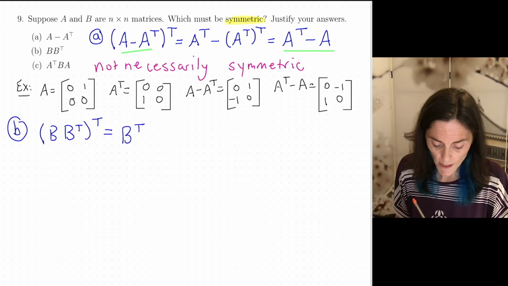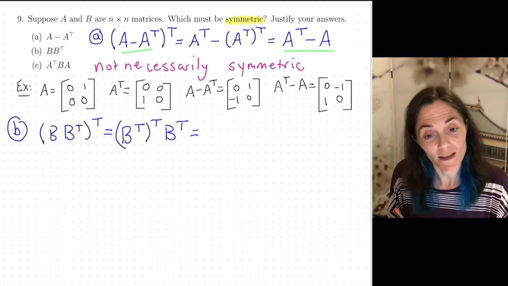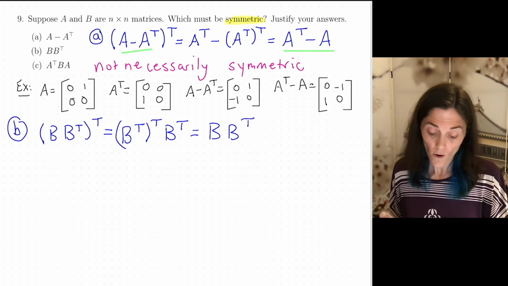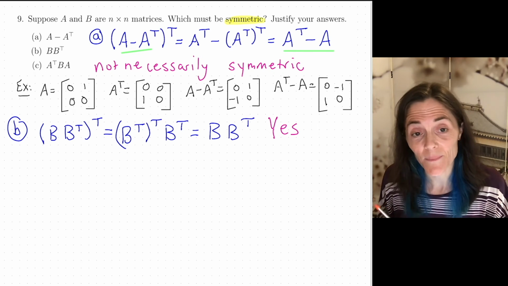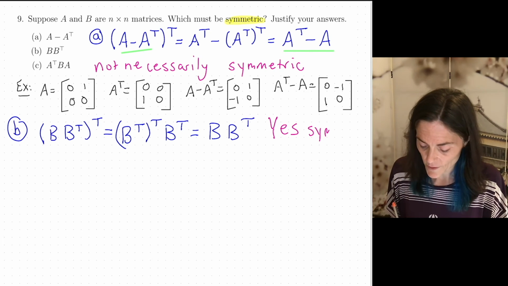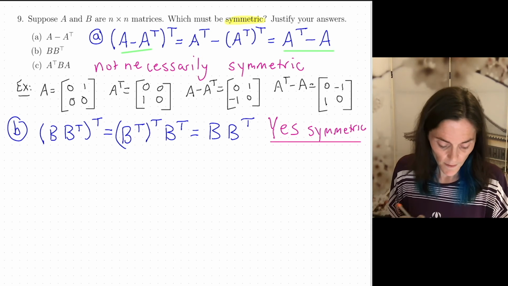So this would be B transpose times B transpose, and B transpose is just B. Oh, so the answer is yes, absolutely. This is always, no matter the n by n matrix B, symmetric. We have, in fact, proved it. Always.